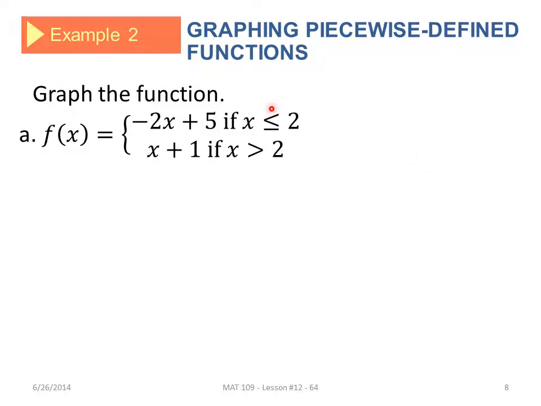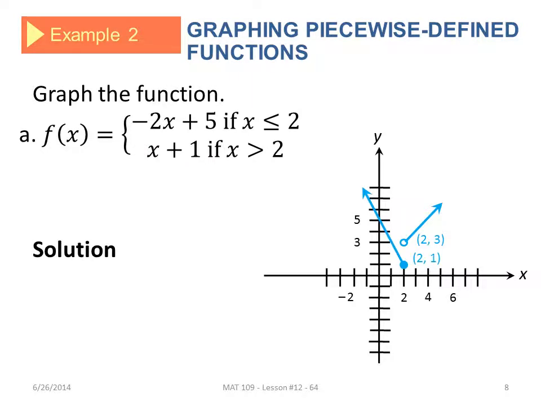This function is defined as f of x equals minus 2x plus 5 if you're in the part of the domain that's less than or equal to 2. In other words, from minus infinity up to 2, my function is going to be defined by minus 2x plus 5. Once I start above 2, then I change my defining function, and my defining function is just x plus 1.